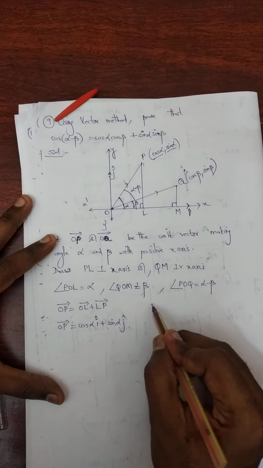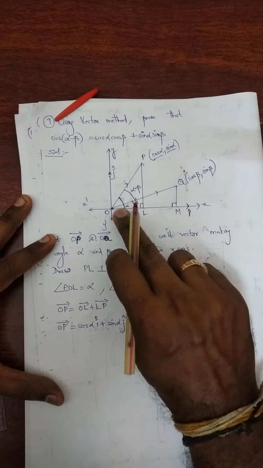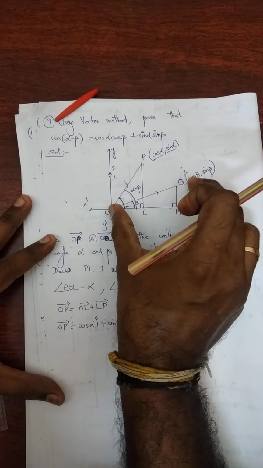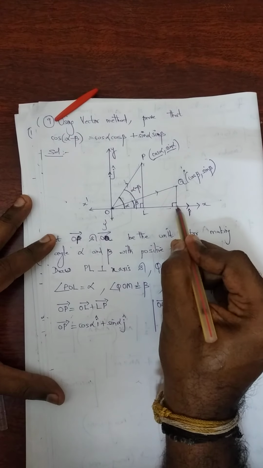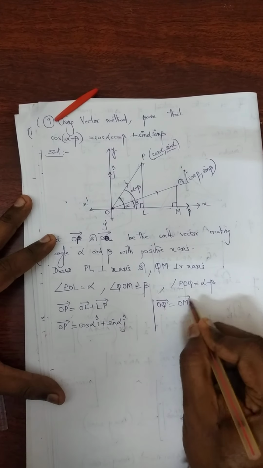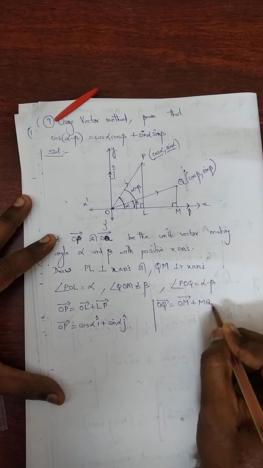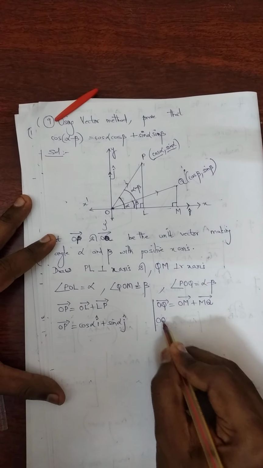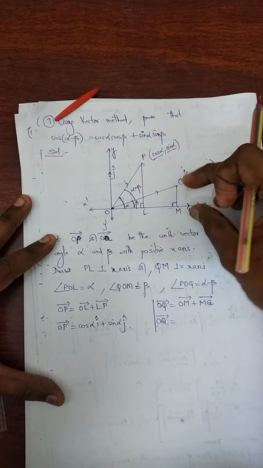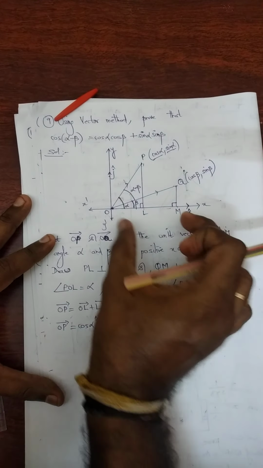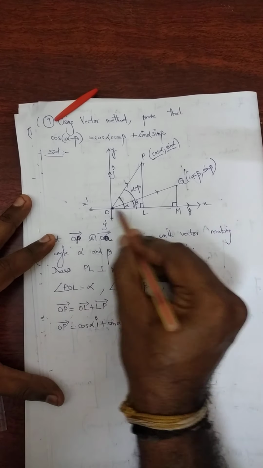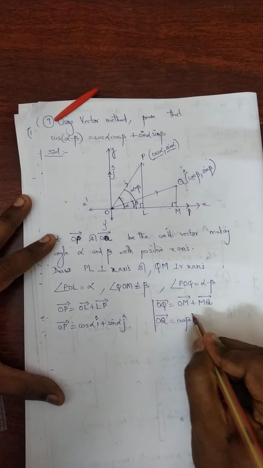This is the OP vector: cos alpha i cap plus sin alpha j cap. The same I want to do here. OQ vector: this is the head, this is the tail. OQ vector is OM vector plus MQ vector. OM is along the x-axis: cos beta i cap.